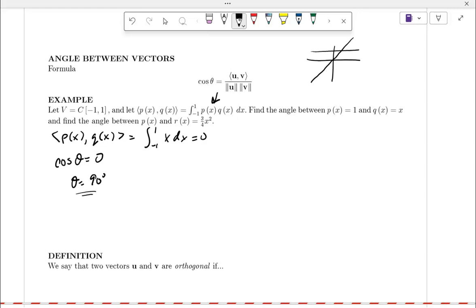That was a fun word to say. It's a lot of syllables. When we get 90 degrees, that's just telling us something about the relationship between these two functions relative to the inner product, not perpendicular in a Euclidean sense. So don't try to equate those two.